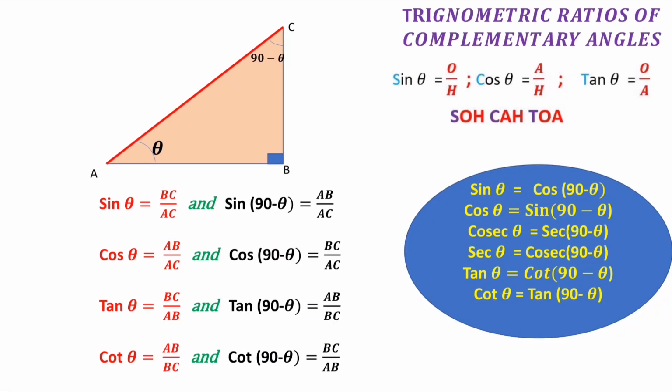So these are the relations between the complementary angles. So these are the basic trigonometric introduction. If we remember all these topics for class 10, this is enough to resolve all the problems.